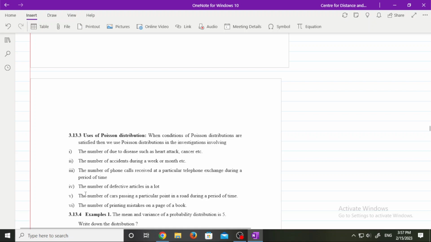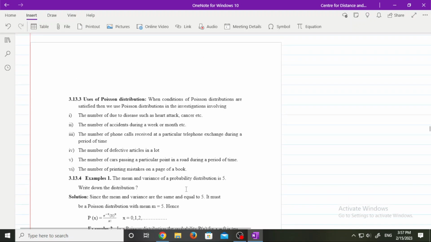Then the number of defective articles in a lot, the number of cars passing a particular point on a road during a period of time, and the number of printing mistakes on a page of a book.